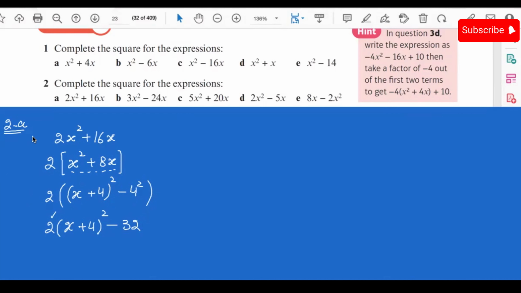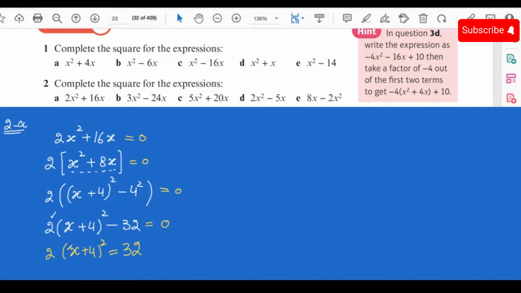Now, if we convert it into an equation with an equal sign, equal to 0, you can see what we would get: this term, negative 32, will move to the other side of the equation and turn into positive 32.